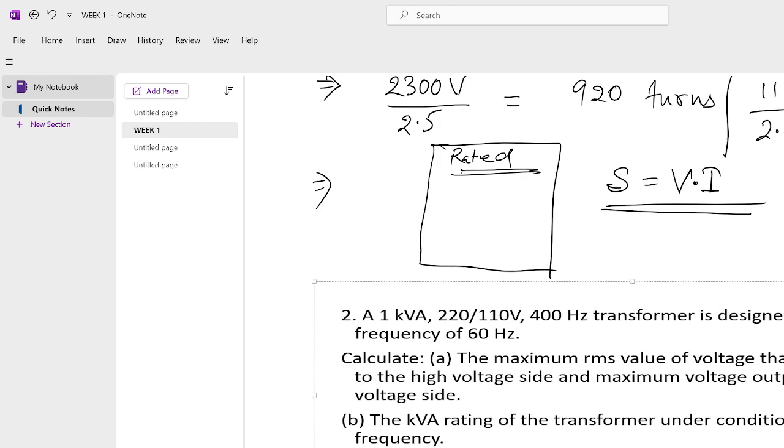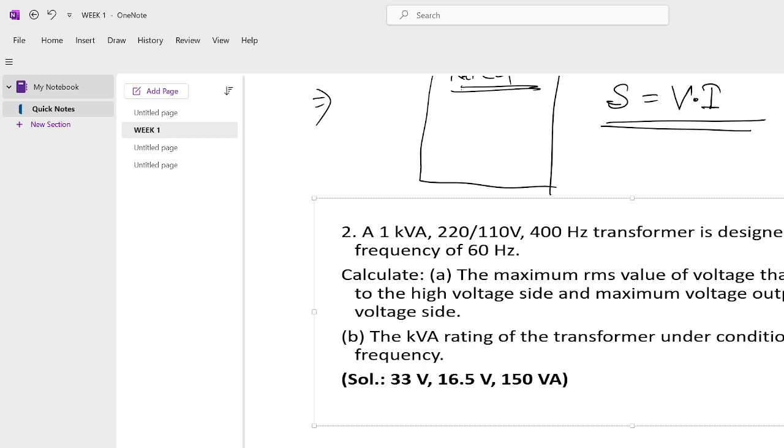This is the next question. A 1 kVA, 220 by 110 volt, 400 hertz transformer is designed to be used at a frequency of 60 hertz.